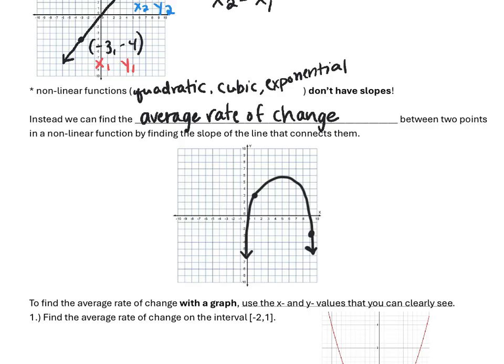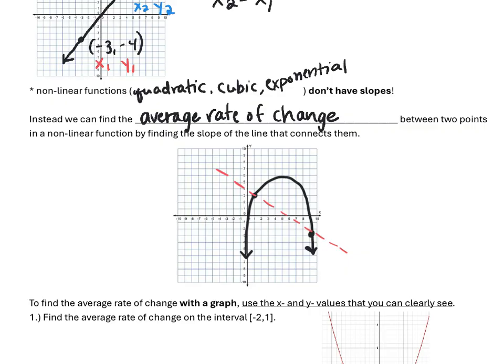But if we wanted to find what the function is doing between, for example, these 2 points, we would find the slope of the line that passes through both of those points. And that slope would give us the average rate of change over that part of the domain of the function, okay?